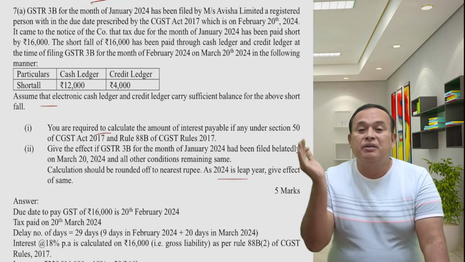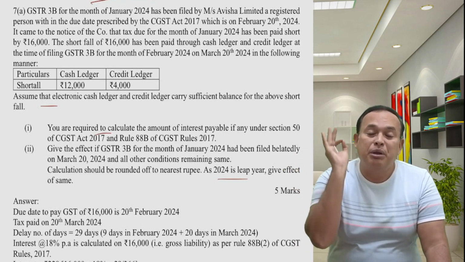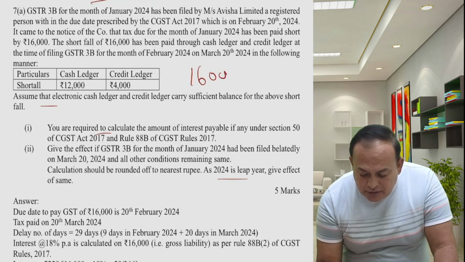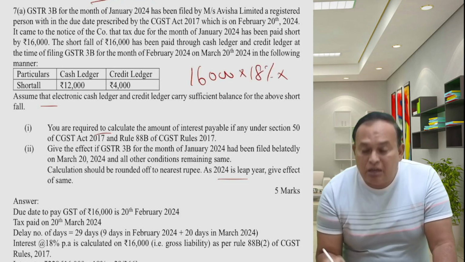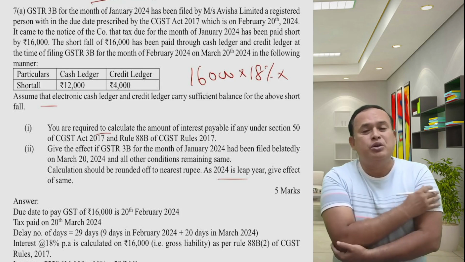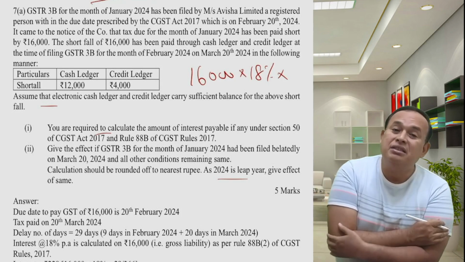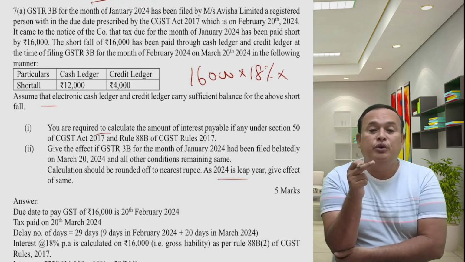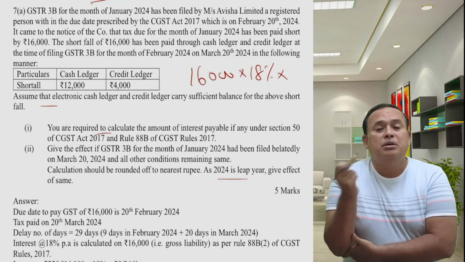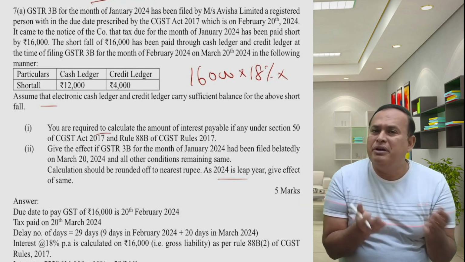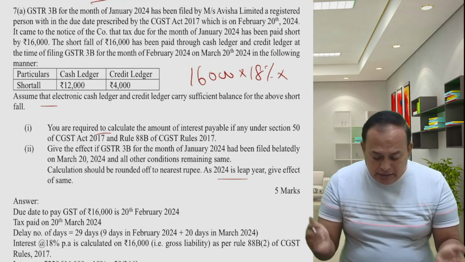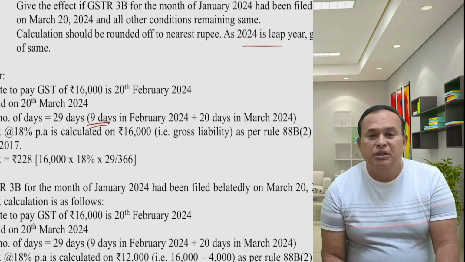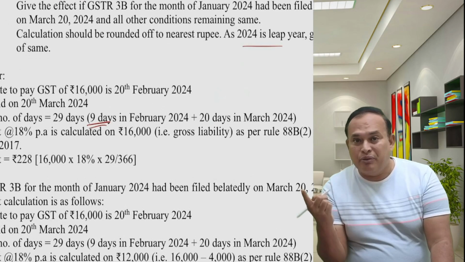Repeating again, consider the number of days of delay in the first case, where the short payment of GST is 16,000, which will attract 18% interest. So 16,000 at the rate of 18% interest. Due date to pay is 20th February 2024, but they paid on 20th March 2024. If so, from 21st of February 2024 to 20th March 2024, how many days? In the month of February, 9 days, because 21st February to 29th February is 9 days.